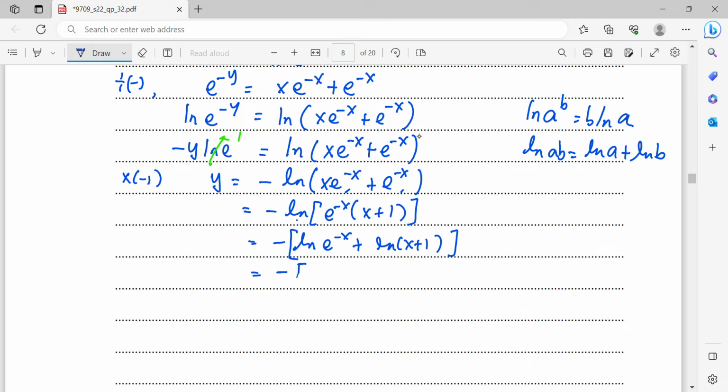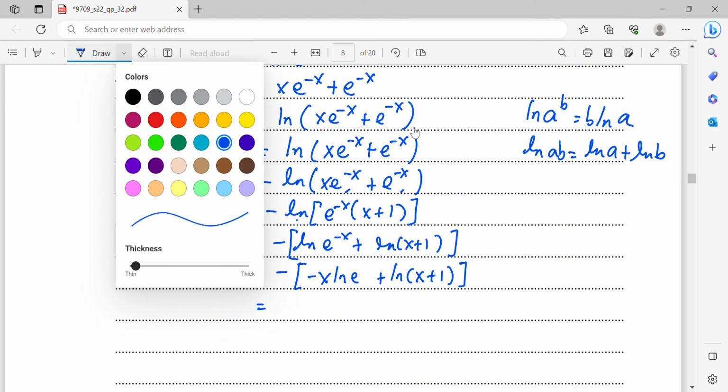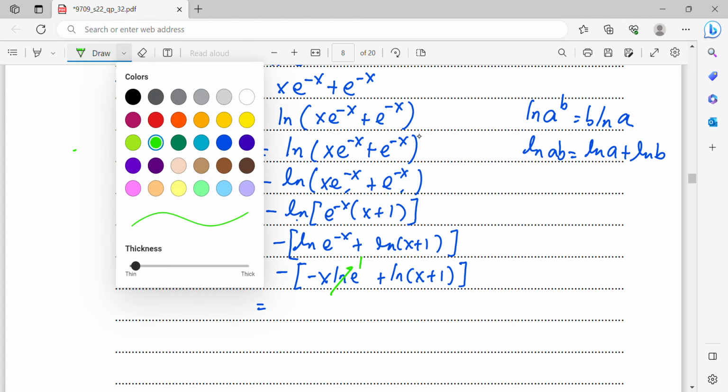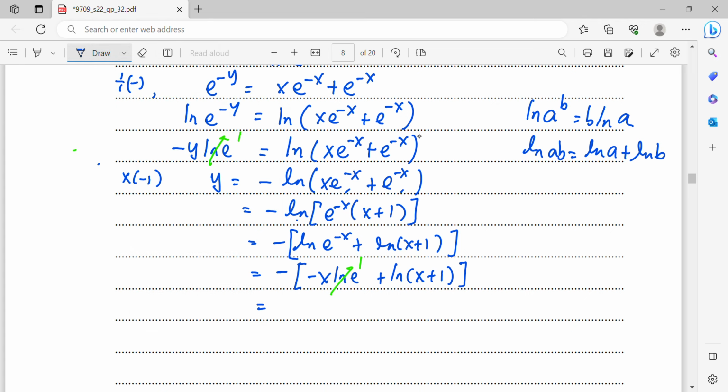So here becomes minus x ln e plus ln of (x plus 1). Then ln e is 1. Now you can bring in the minus. So now it becomes x minus ln of (x plus 1). So this will be your final answer.